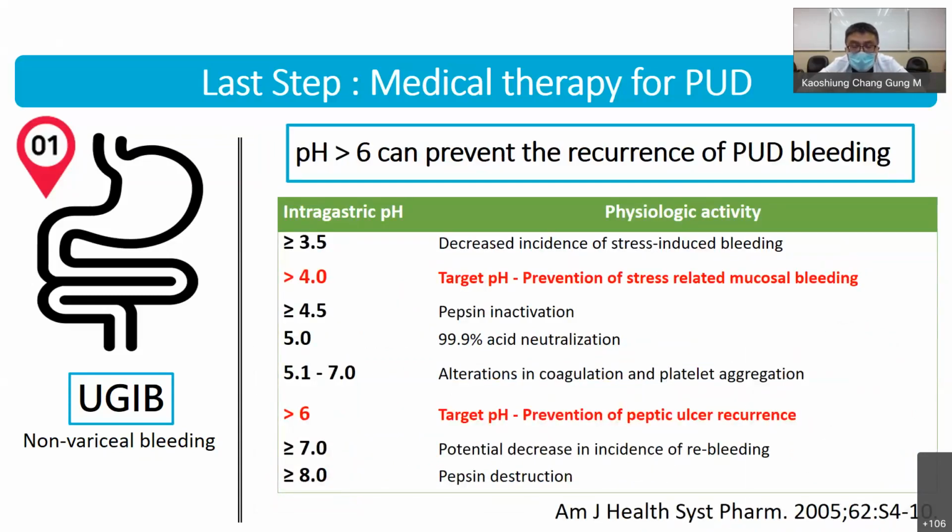The previous study also showed that if we want to prevent stress ulcer bleeding, we need to raise the intragastric pH to more than 4. If we want to prevent recurrence of peptic ulcer bleeding, we need to raise the intragastric pH level to more than 6.